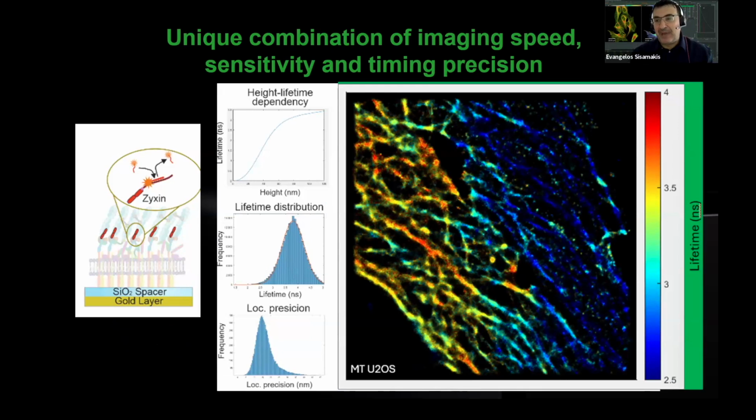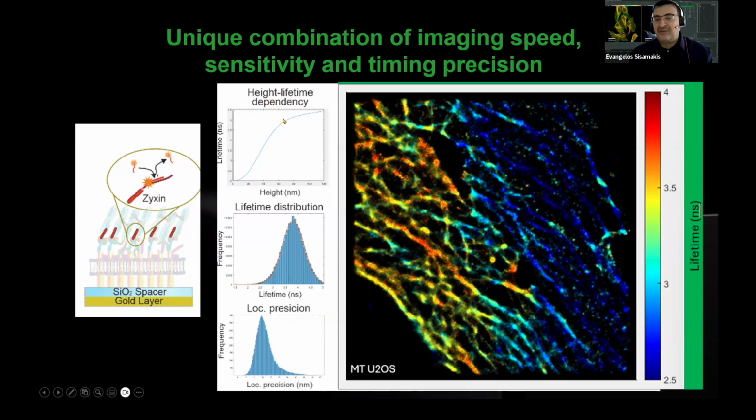So this is DNA-PAINT, but DNA-PAINT with a twist, because if you try to immobilize your cells on a gold surface, then there is an effect which is called metal-induced energy transfer. And I think, to make a long story short, at the end you get a calibration curve where the lifetime of your dye can be directly translated to height.